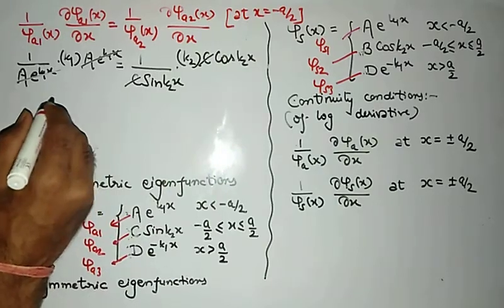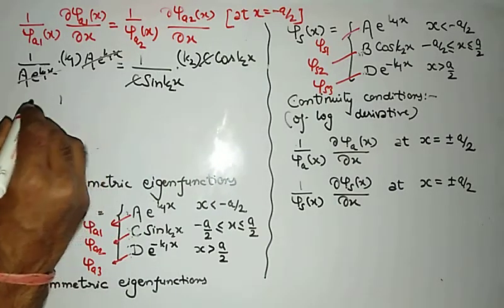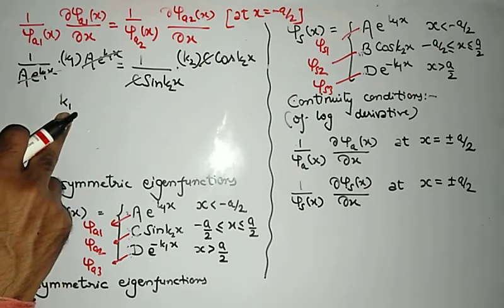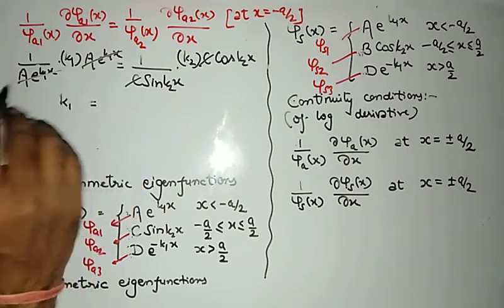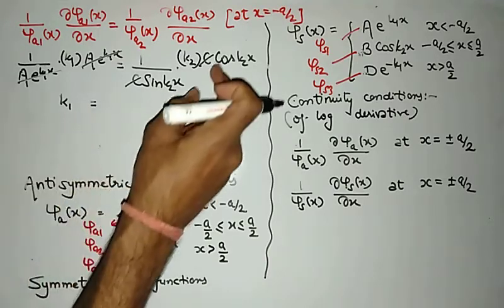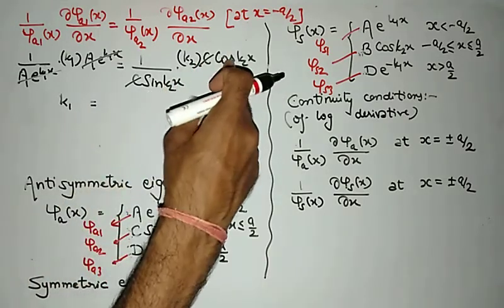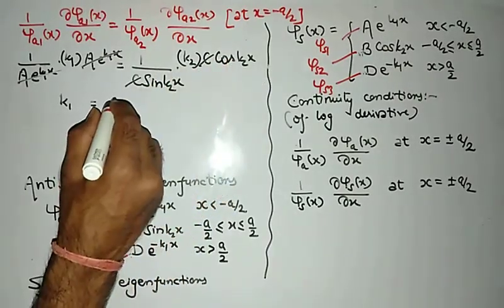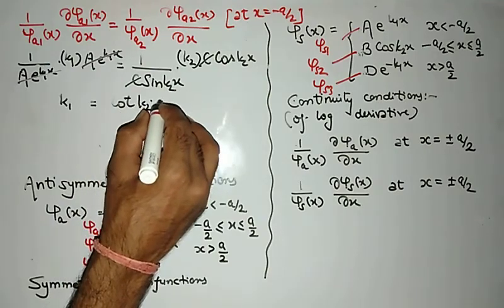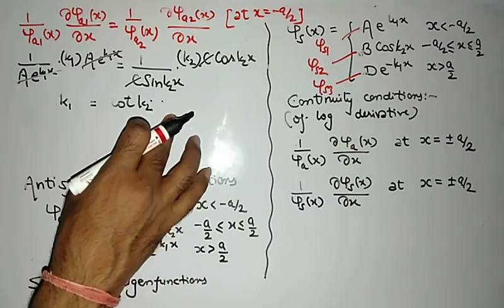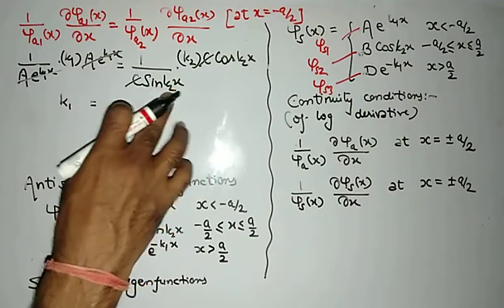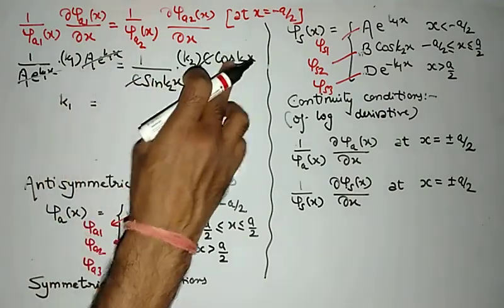So we will write here k1 is equal to, and this is cot k2 x, this is at x is equal to minus a by 2. So when you will put a by 2, minus a by 2, this will become minus, and this is plus.